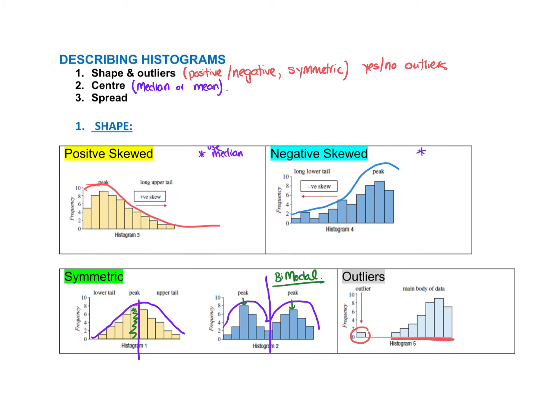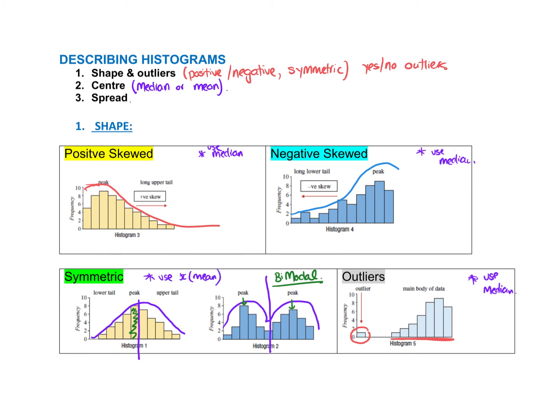And same with negative skew, we'd use the median. And same with outliers, it would be best to use the median. With symmetric data, that's when we can use the mean. I'm just using the symbol, that would be when you use the mean.